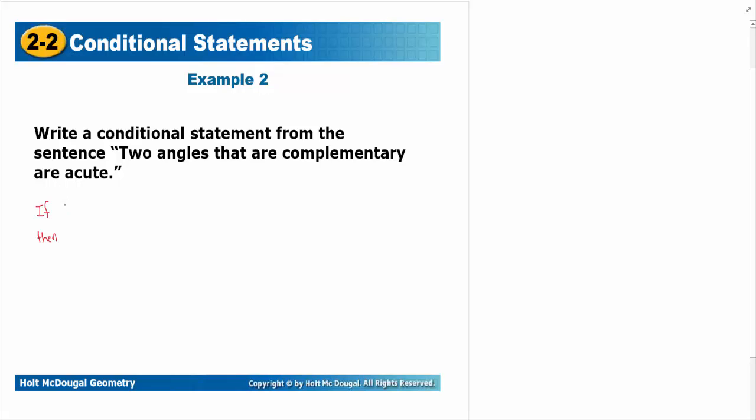So you need to write that in if-then form. You come down here and say, if two angles are complementary, then they are acute. And by the way, all these statements we're going over are true statements. If you think complementary means they add to 90 degrees, then acute is less than 90.